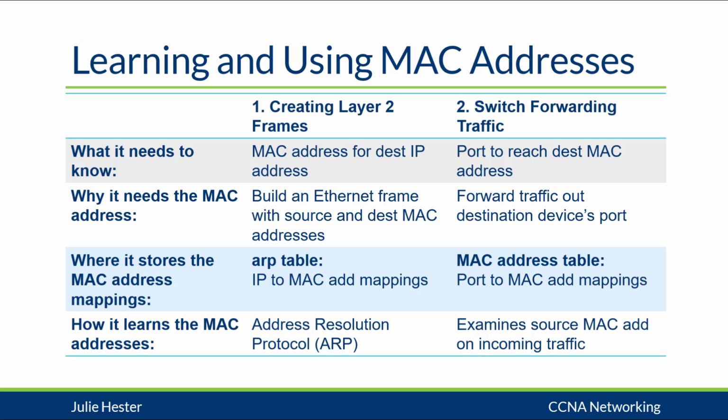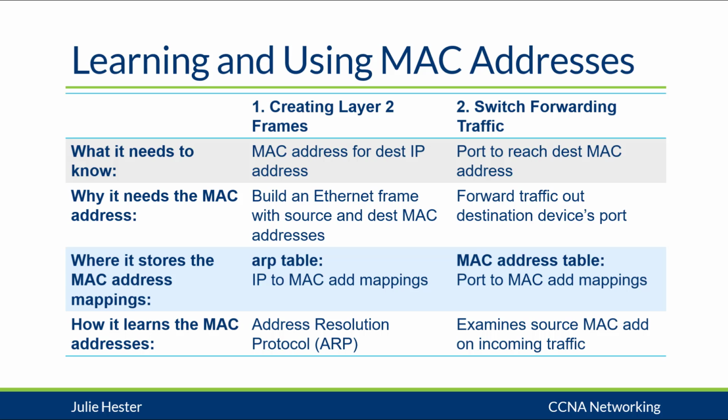Here is a summary of the two processes that learn and use MAC addresses. To create a Layer 2 frame, we need to know the MAC address associated with the destination IP address. The Ethernet frame header has both the source and destination MAC address. After we learn the MAC address, we store a mapping of it with its associated IP address in the ARP table. These MAC addresses are learned through ARP.